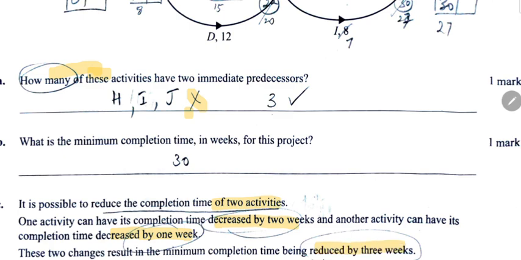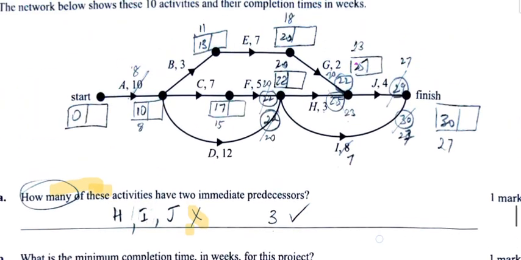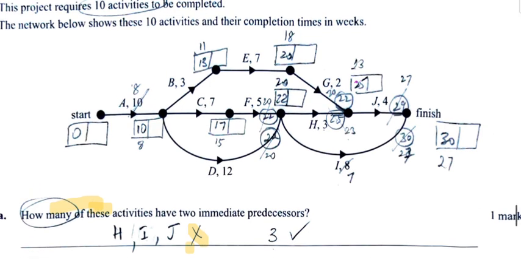So you actually have to find two activities, one reduced by 2 weeks and the other decreased by 1 week. And which activities are those going to be? Usually I find that you've got to look for an activity that's going to impact a few choices that have to be made.